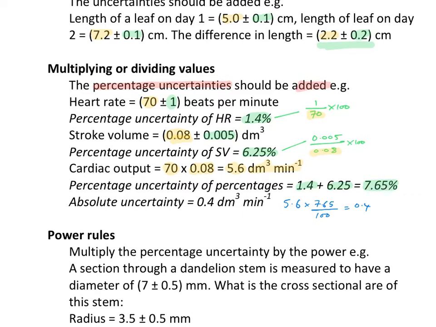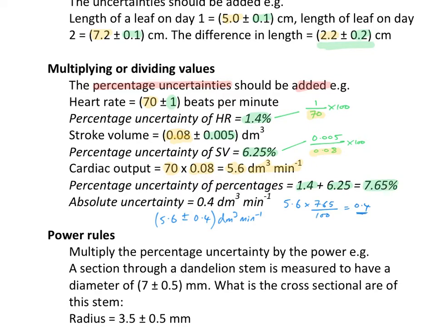So the actual answer, what I would write down, is the cardiac output is 5.6 decimeters cubed plus or minus 0.4 decimeters cubed per minute. So that's where the 0.4 comes from.